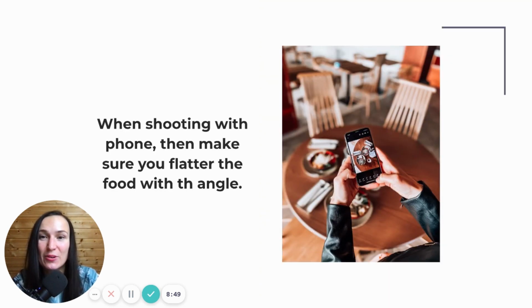So again, when shooting food, the angle has to flatter the food. I'm sorry if I'm repeating this and becoming a little bit annoying, but this is something that even I sometimes forget. And I have to do this to make it work and to make it look even better.